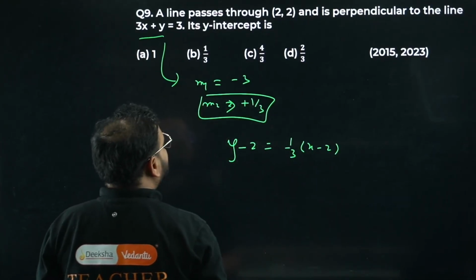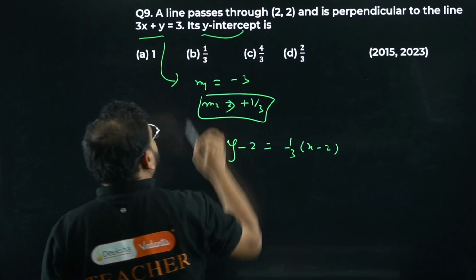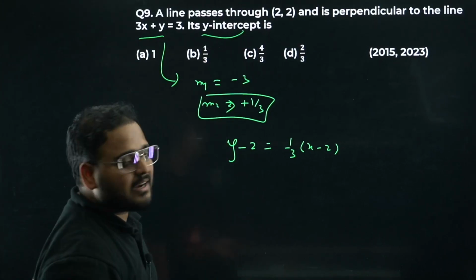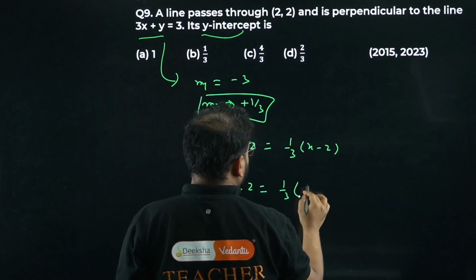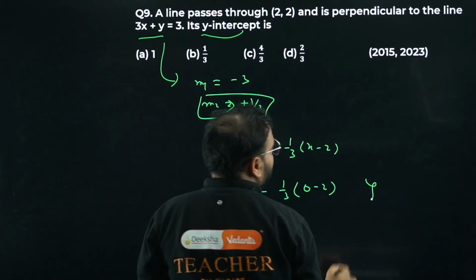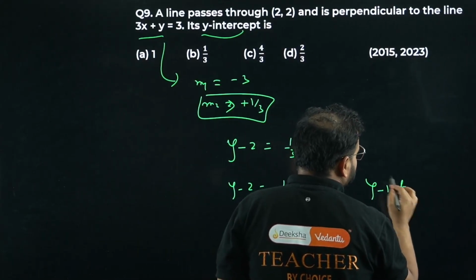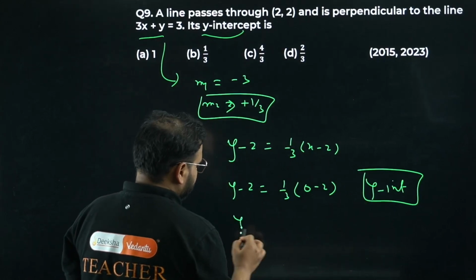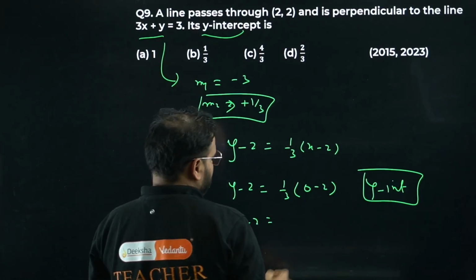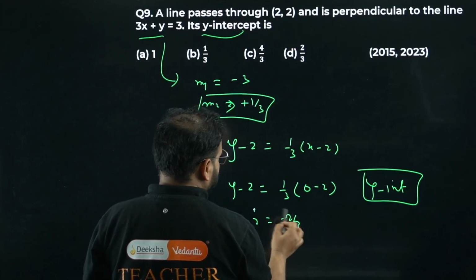They're saying y-intercept, bacha. It means x is 0. Let's put x as 0. Y minus 2 equals 1 by 3 times 0 minus 2. I'm looking for the y-intercept. Please check. I get here y minus 2 equals minus 2 by 3. Bring this 2 on this side.